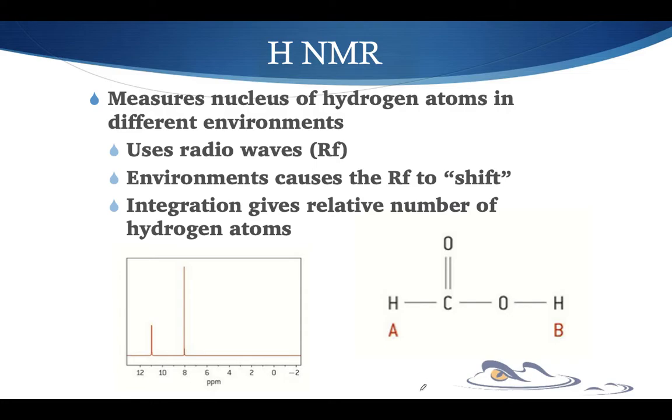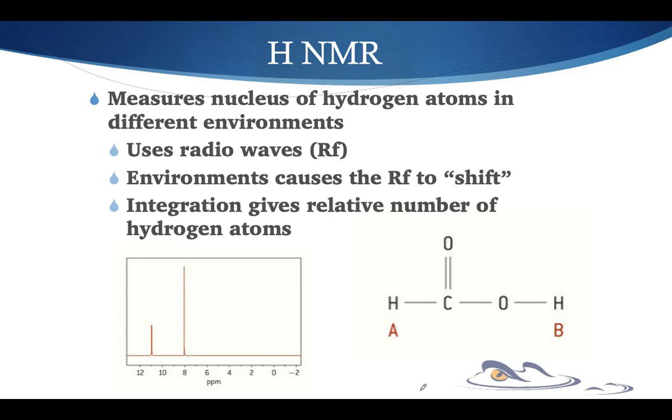I'm not 100% knowledgeable on why they specifically call it a shift. I believe that it has something to do with them comparing this to some type of a standard, right? That's true with all of these analysis techniques. We always have some standard in which we're comparing everything to.